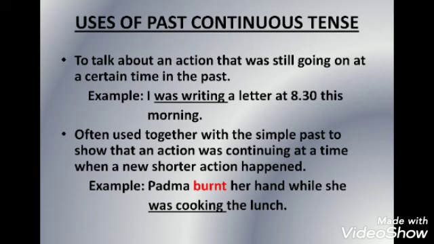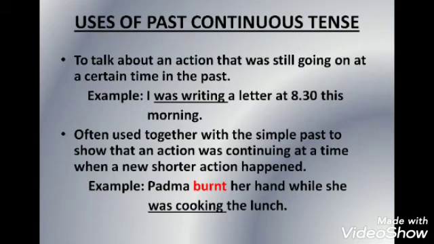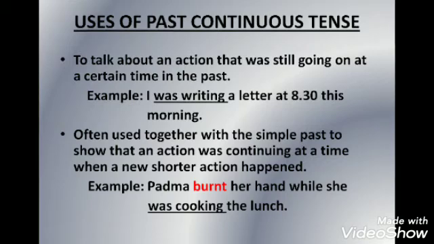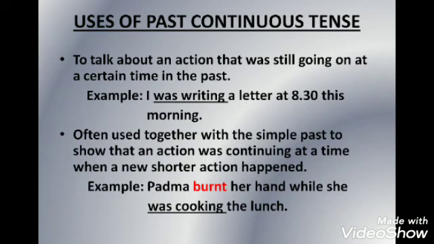The second use of past continuous tense. Past continuous tense is often used together with the simple past to show that an action was continuing at a time when a new shorter action happened. For example, Padma burned her hand while she was cooking the lunch.